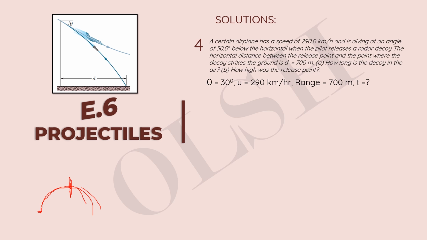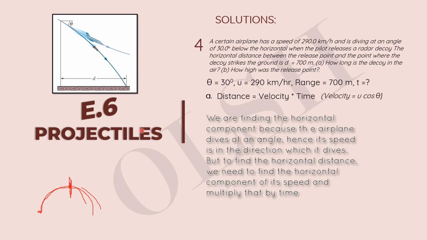Having said that, in the previous question, we had to deal with vertical distance and vertical velocity. Our vertical initial velocity was 0 in that question, so that's why we used 0 as initial velocity. In this case, we are considering horizontal, and the initial velocity of this horizontal motion can be gotten by finding the horizontal component of the velocity, which is u cos theta.